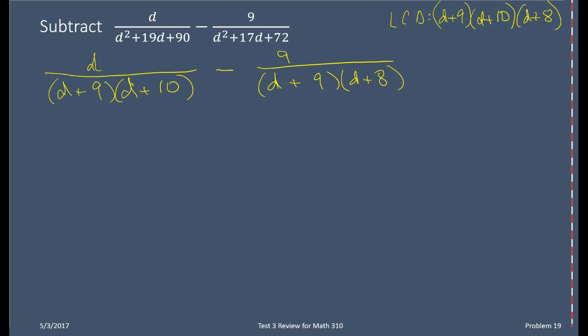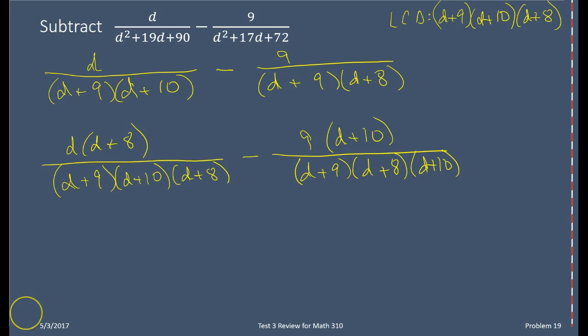And we're missing the d plus 8 in the first one, so we're going to multiply top and bottom by d plus 8. And in the second one, we need to multiply by d plus 10 over d plus 10.